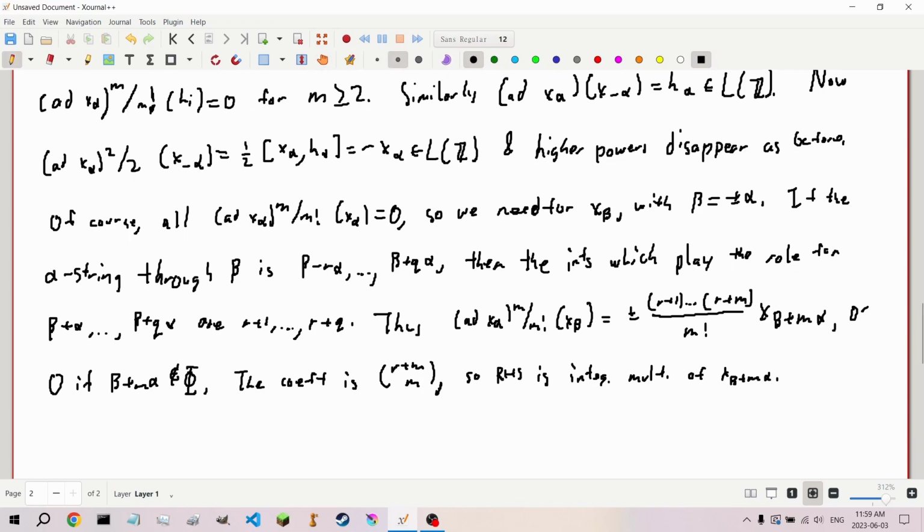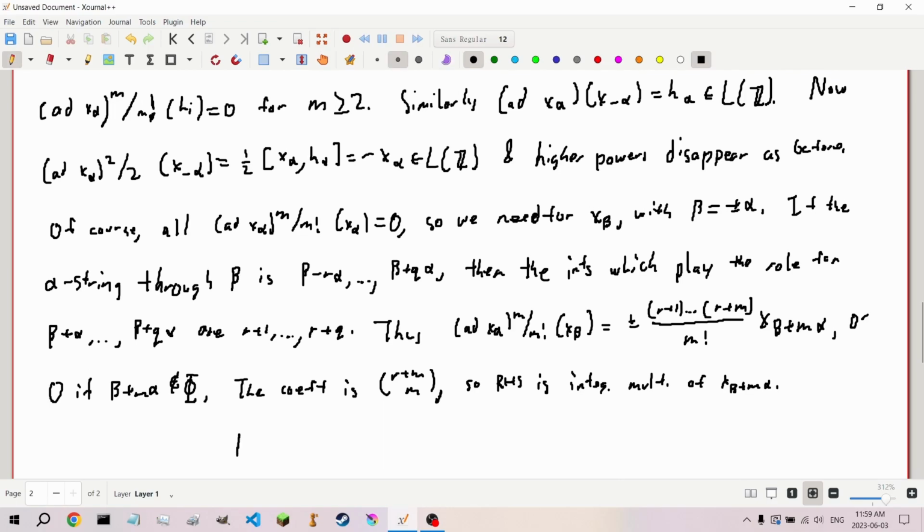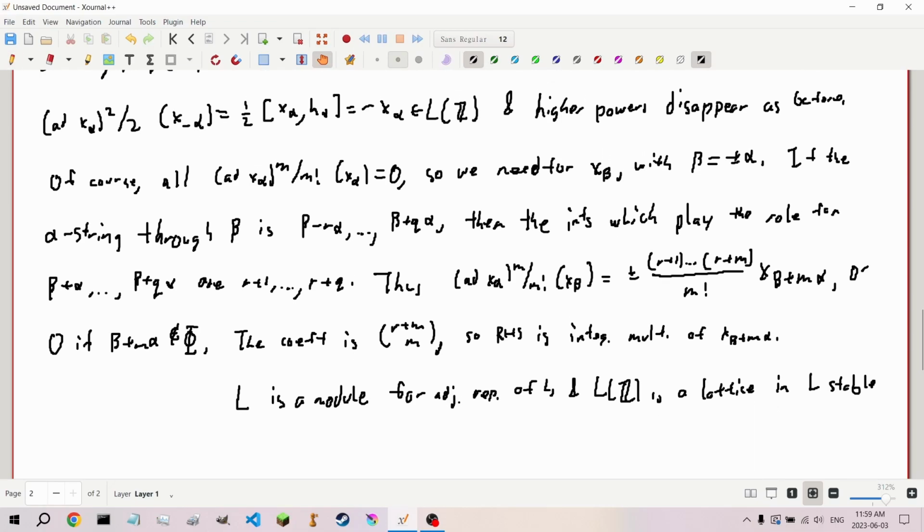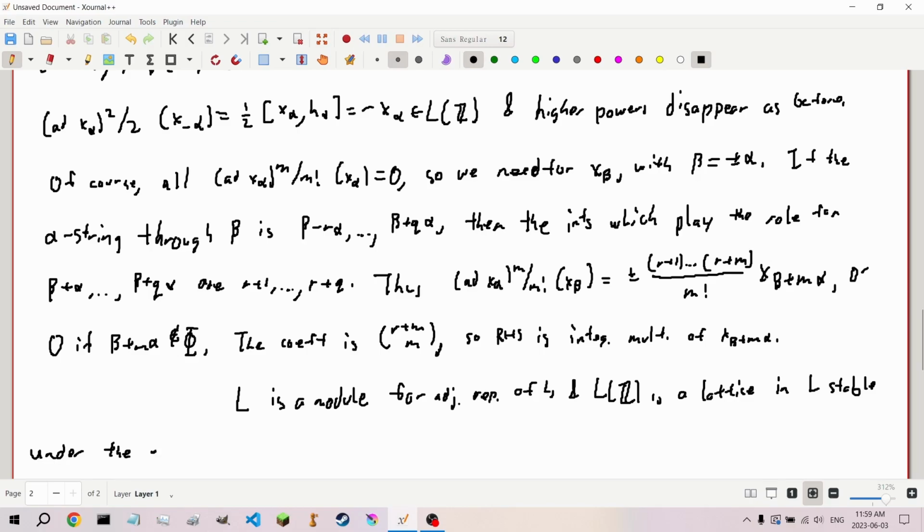So, to talk about why this is important, L is a module for the adjoint representation of L, and L of Z is a lattice in L, stable under the endomorphisms adjoint x alpha to the m over m factorial, hence under the exponential of the adjoint of x alpha.